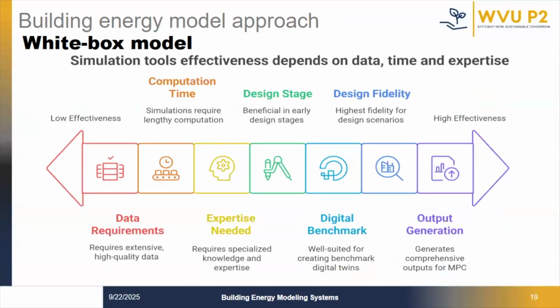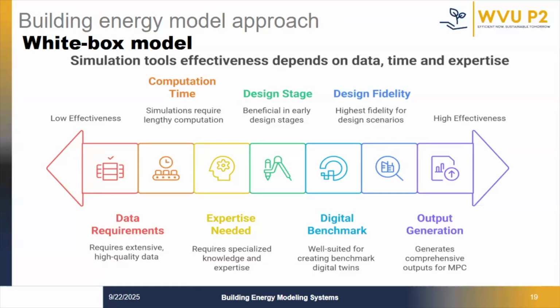This slide highlights that the effectiveness of white box modeling is a balance of its significant strengths and notable demands. While it offers the highest design fidelity and is incredibly beneficial in early design stages for creating accurate digital twins and generating comprehensive outputs for advanced strategies like model predictive control, it comes with important considerations.